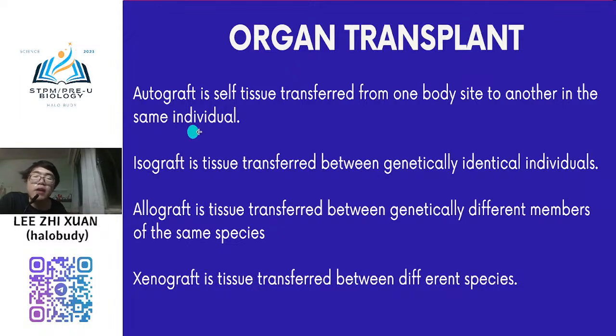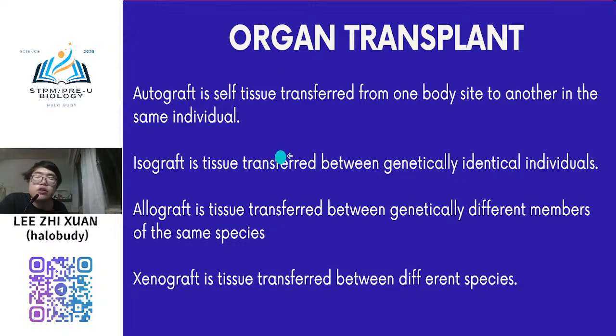Isograft occurs when an organ is transferred between genetically identical individuals. Normally this is identical twins, not non-identical twins. So isograft is organ transplant between identical twins.